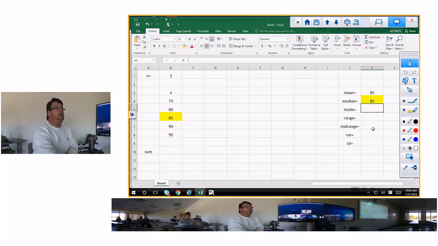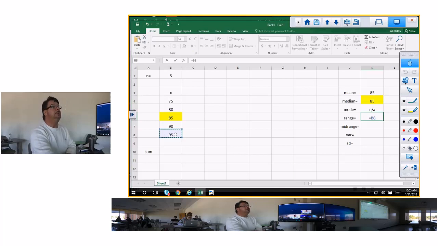Mode, I really don't care about. There's none there, so I put NA. And range is equal to the highest minus lowest.